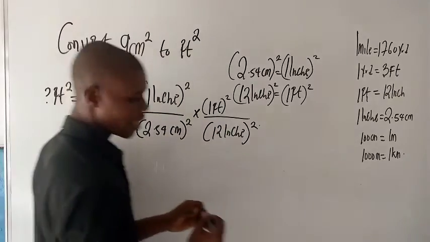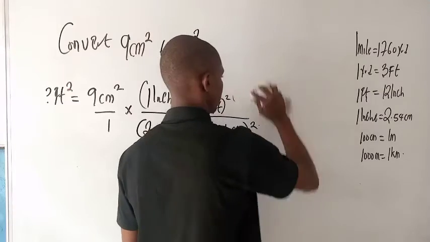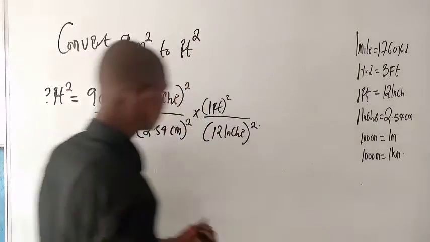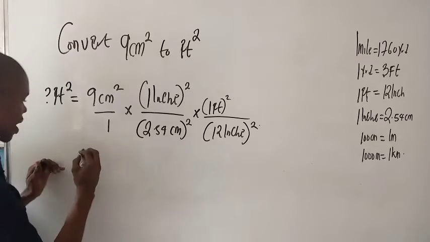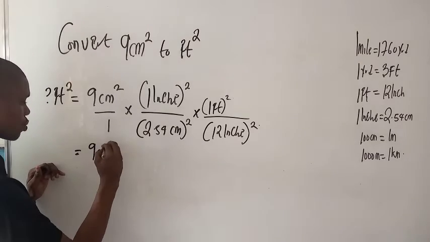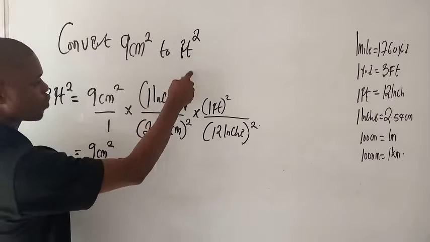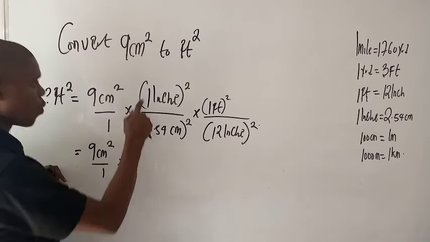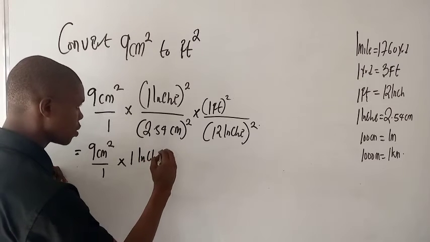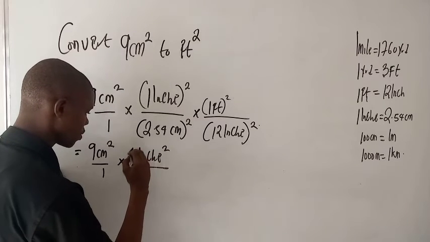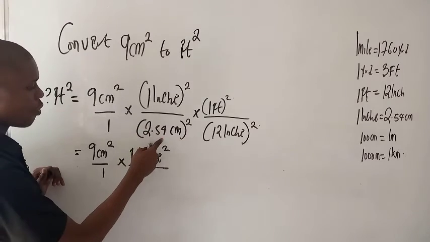So we are done. Let us wipe this out. What we want to do now is open up the brackets. Here we have 9 cm square over 1, times 1 times 1 is 1, and inch times inch is inch square, over 2.54 to the power 2.